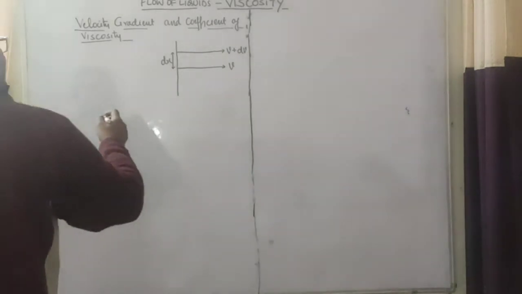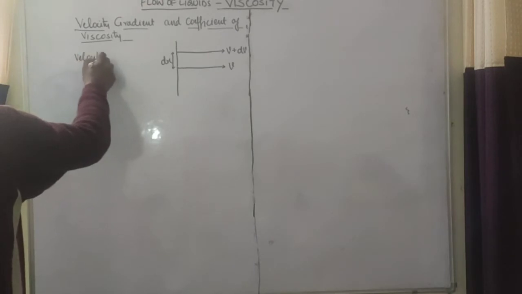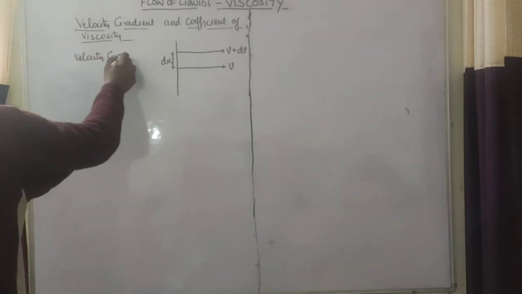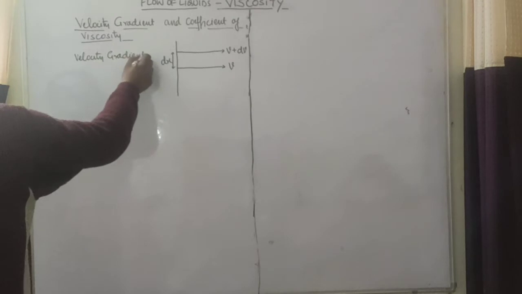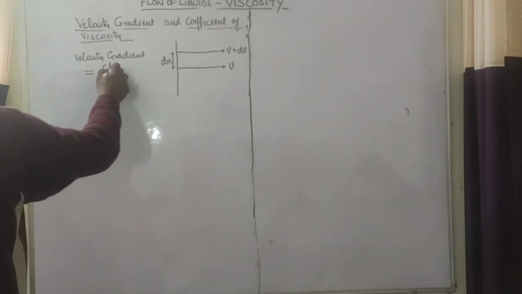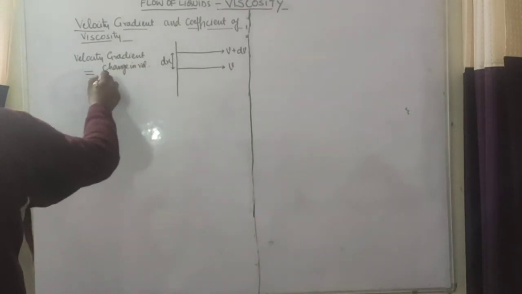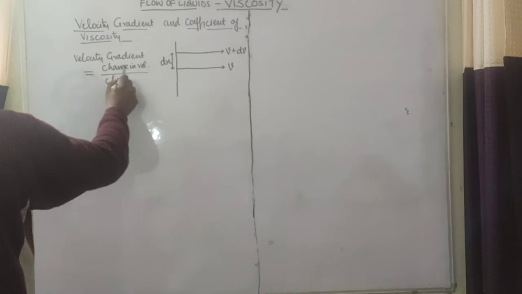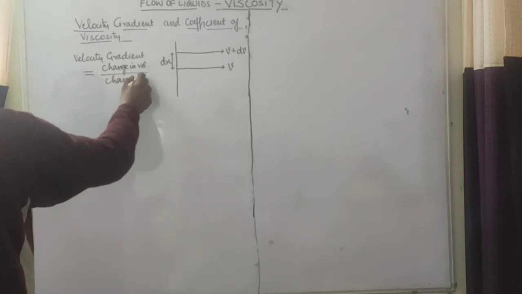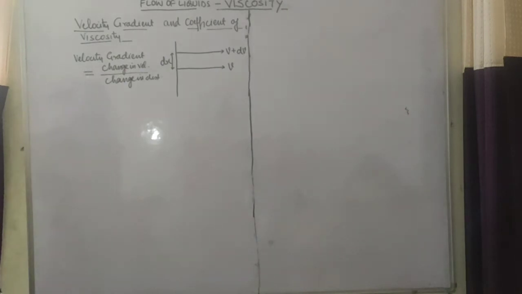So here velocity gradient is the ratio of change in velocity to change in distance. Because it is velocity gradient, it is change in velocity to change in distance.